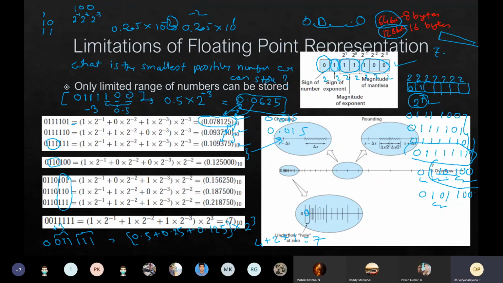If you have a larger memory, then this will be much less than 0.0625, but it will not be 0. The point is, there is a limit to the smallest possible positive number you can store, and also a limit to the largest possible positive number.